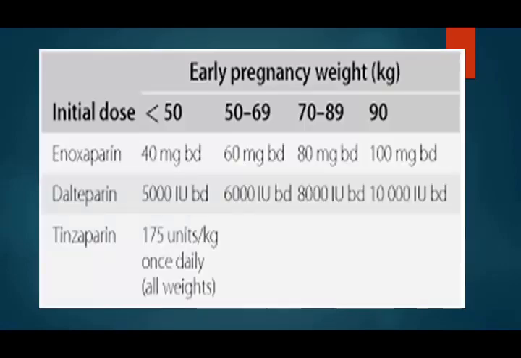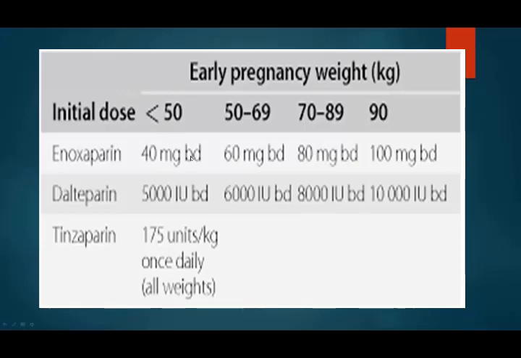Now, what is the low molecular weight heparin which we are using and how do we use it? In early pregnancy, we can use it considering the weight in kg. So the initial doses are for less than 50, then 50 to 69, 70 to 89, and 90 and above. If it is less than 50 kg, we can give 40 mg.